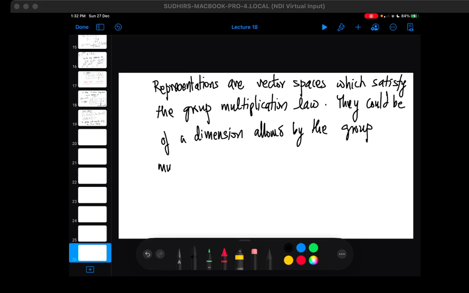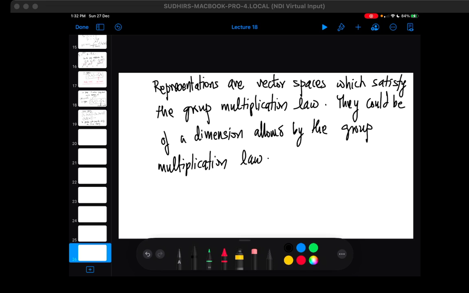Now to construct the representations, there are various methods. One of the popular ways of constructing representations is this: for a given group, say you want to construct all possible representations, that essentially tells you all possible vector spaces which can satisfy the same group multiplication law.